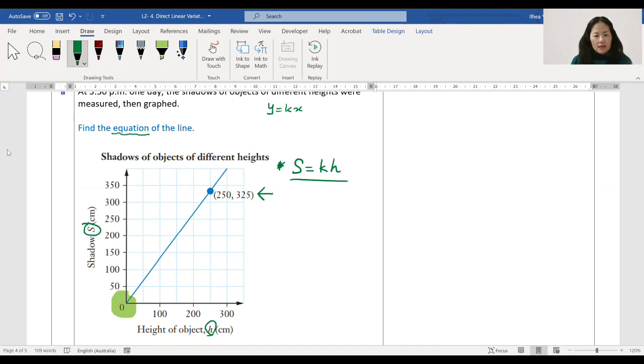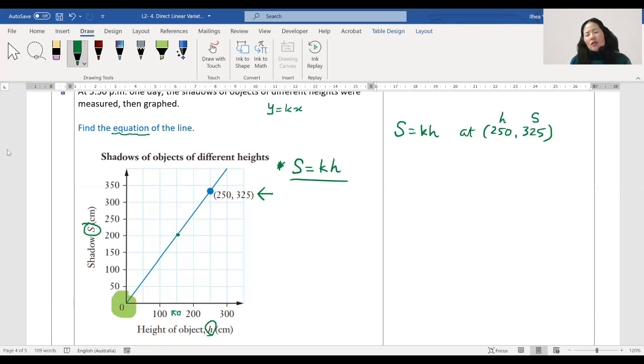A lovely thing is that we already have it there, so we don't have to look for it. If it didn't give it to us, I might use this one, so that would be like 150 here and 200. Now I'm going to find k at 250, 325. So that's my h, that's my S.